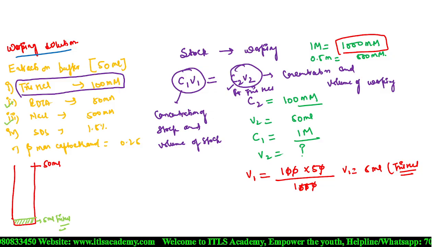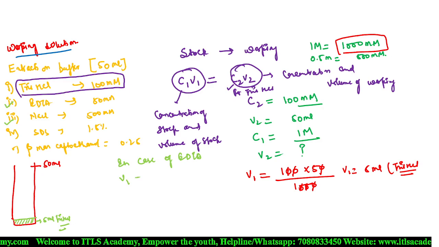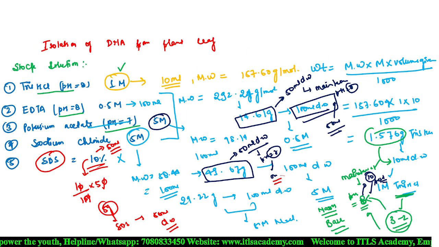You can use the same formula, like in the case of EDTA. V1 is equal to C2V2, means 50 millimolar multiplied by 50 divided by 0.5 molar.